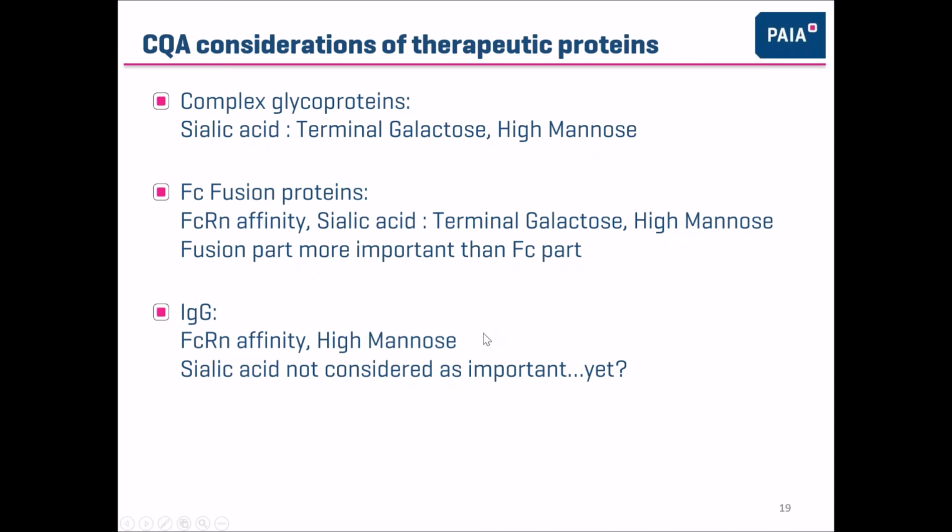I think that's everybody's concern in IgG. And the sialic acid has not, at least to my knowledge, been considered very important. Maybe that's going to change. So we'll see in the next years how many people are going to look at sialylation on IgGs.